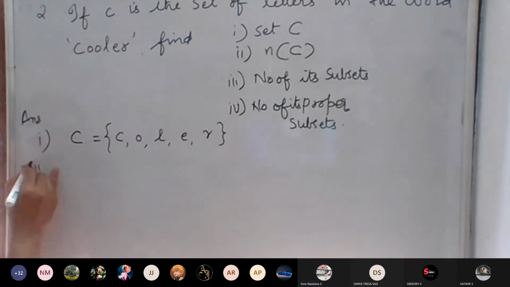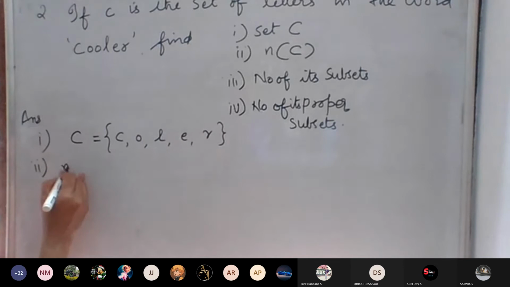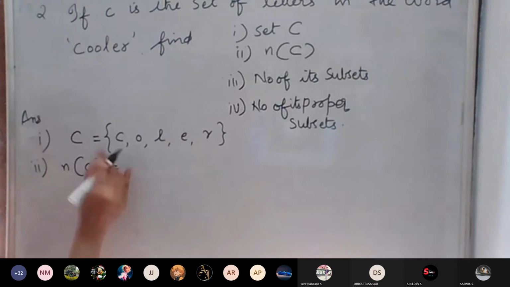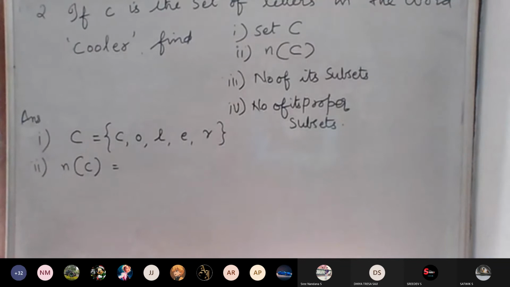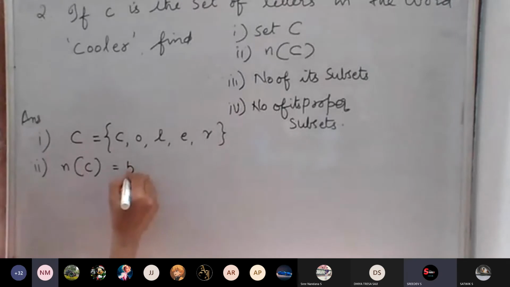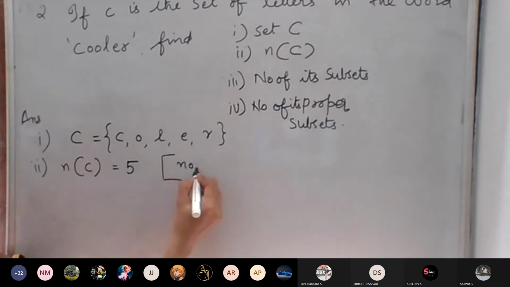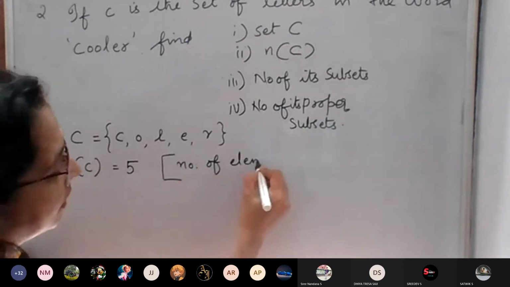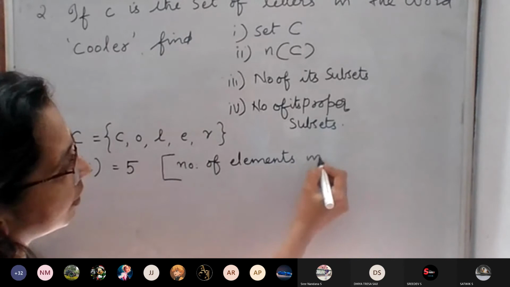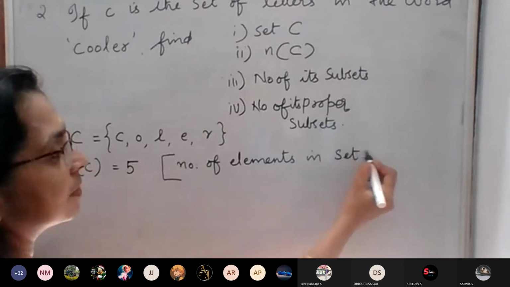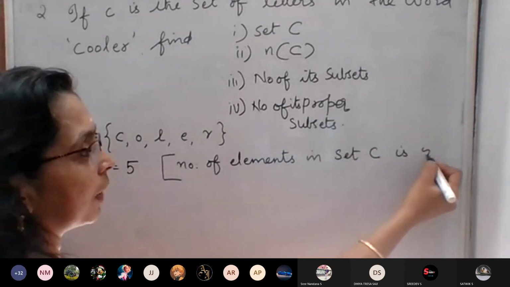Then second, N of C means the number of elements in the set C. N of C is 5. If you need, you can write that the number of elements in set C is 5.